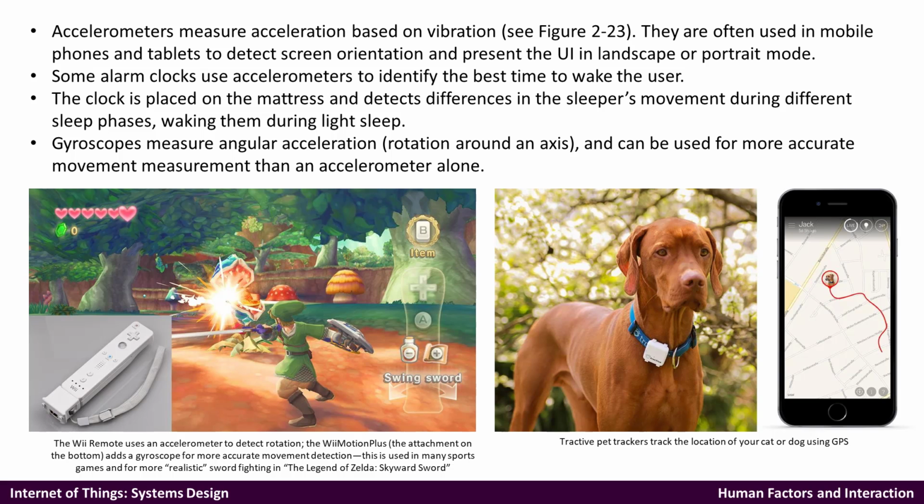Some alarm clocks use an accelerometer to identify the best time to wake the user. The clock is placed on the mattress and it detects how people sleep and the movement during sleep. Then it creates some kind of measurement of how well people sleep, and based on that and other patterns, the clock determines at what time the bell should ring.